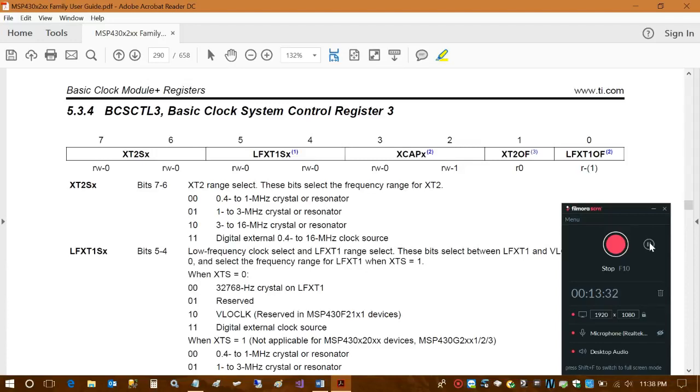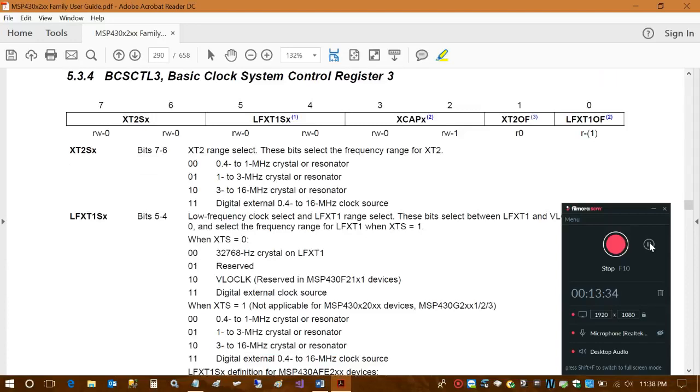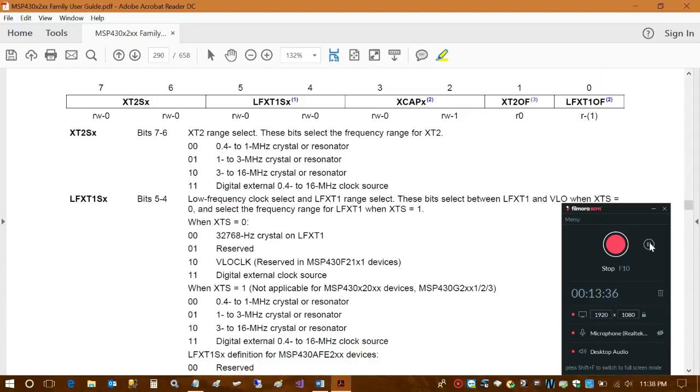So I'm sure you can understand that if XTS, which you have selected before, is equal to 0, then LFXT1 will be operating in low speed mode, and you can select the particular selections, that is 00 is the 32.768 crystal, or 10 is the VLOCLK, or if you are clocking from an external source, then you need to put 11.